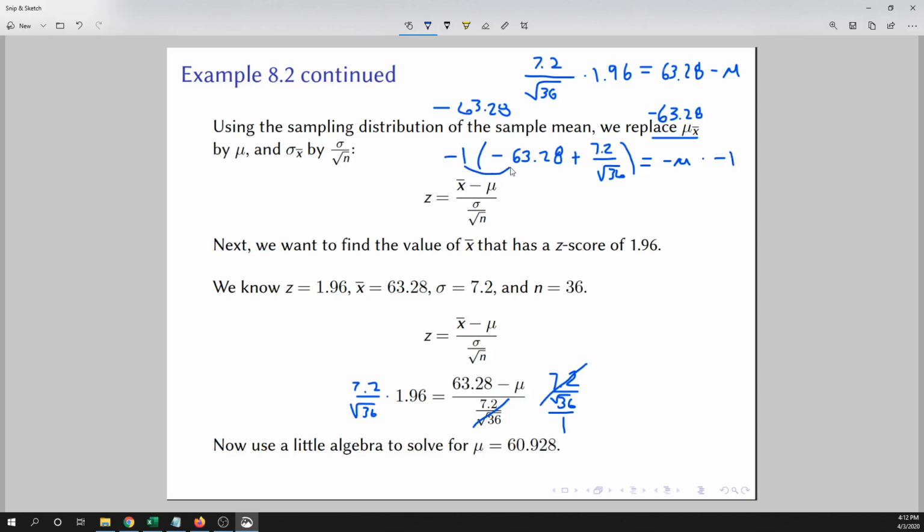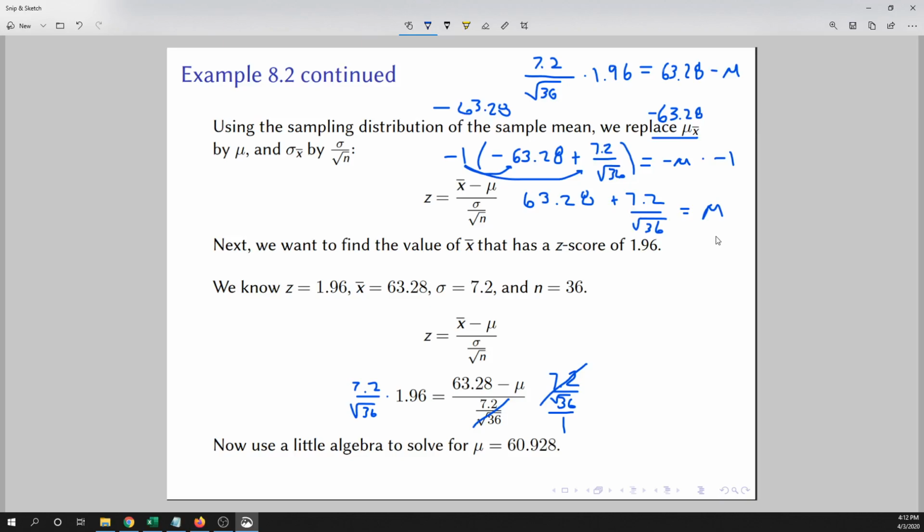On the left side, right, this negative 1 would get distributed through the parentheses. And so I'd get 63.28 plus 7.2 divided by square root 36 equals mu.